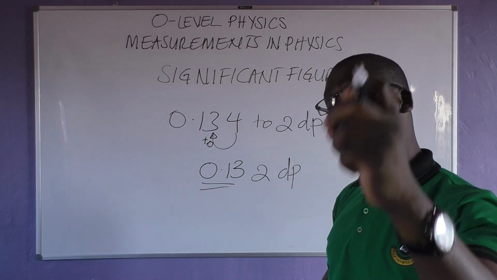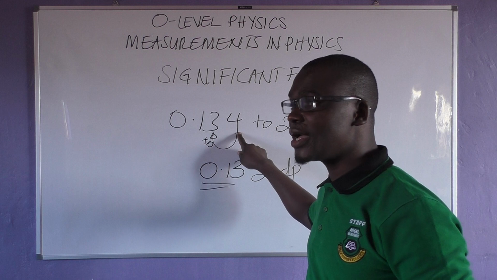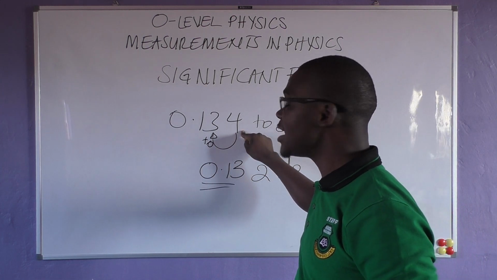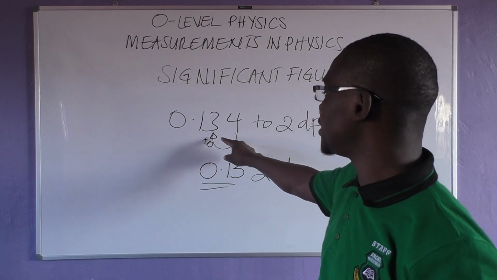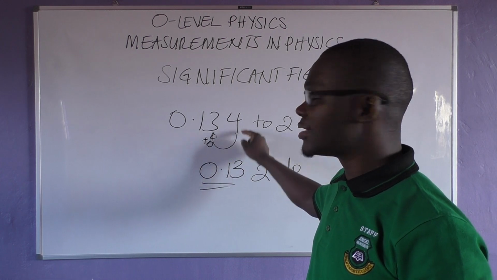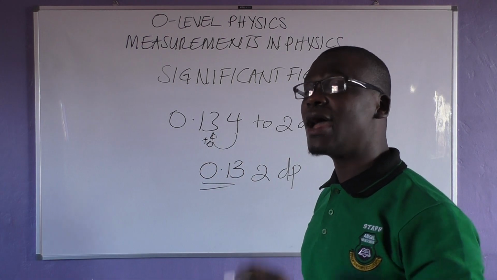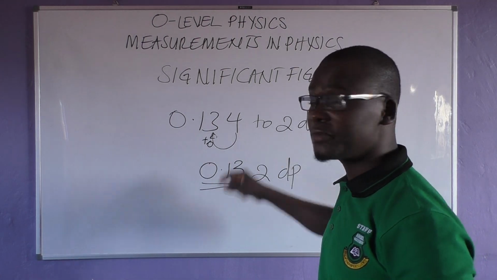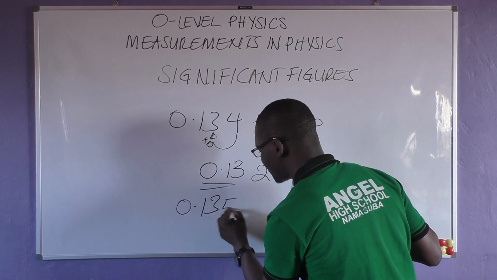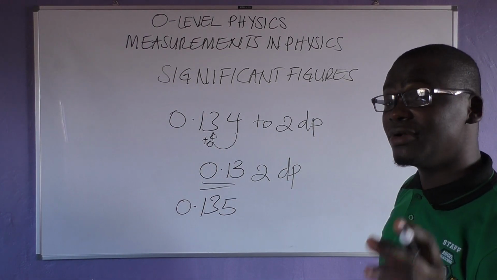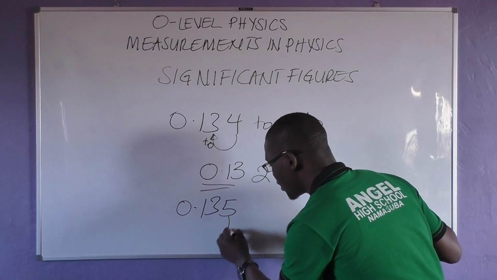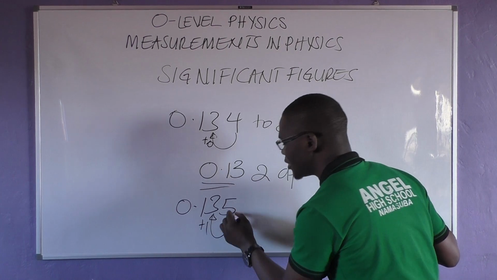So when rounding off, look at the figure you are considering. If it is less than 5, add 0 to the next figure and drop this. If it is 5 and above, we add a 1 and drop this. For instance, if it was 0.135 and we are rounding off to 2 decimal places, just like this, we add a 1 and drop this.